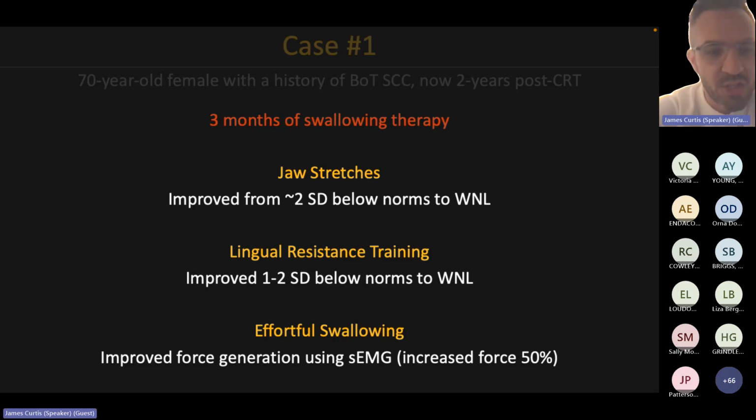She's done jaw stretches, lingual resistance training, and effortful swallowing, all of which you're able to measure pre and post therapy. Pre-therapy, she was outside normal limits when compared to norms, and post-therapy, she's essentially within a normal limit range for these exercises. Her exercises appear to have gotten much better.